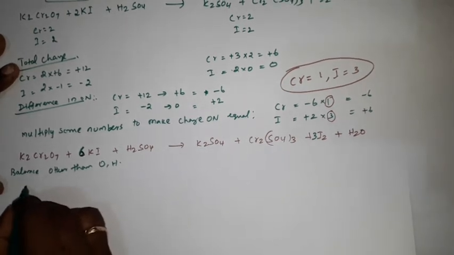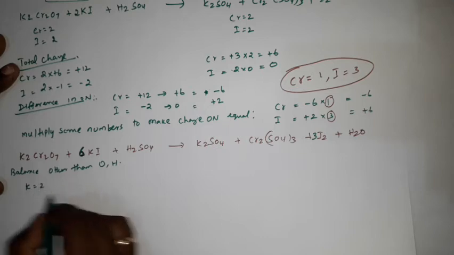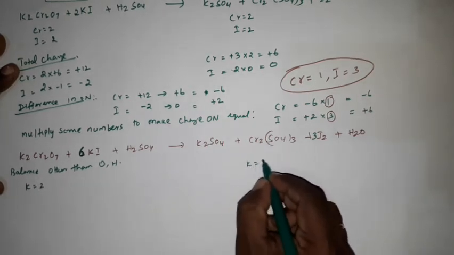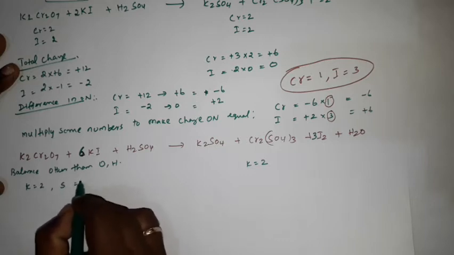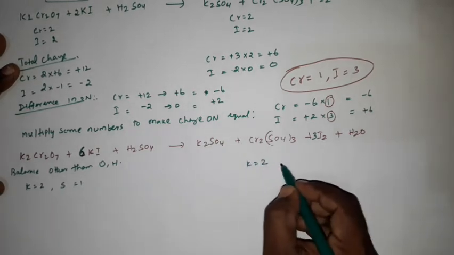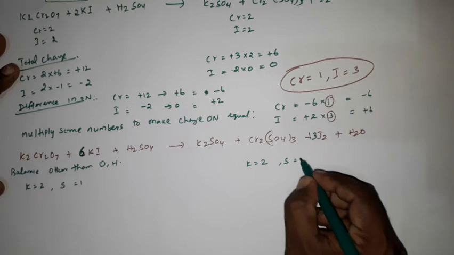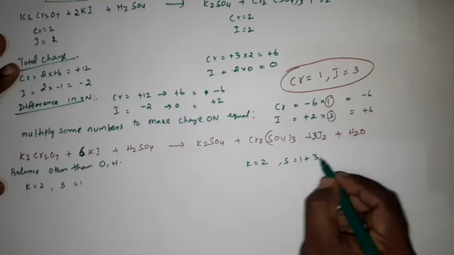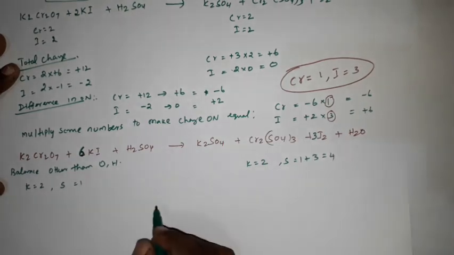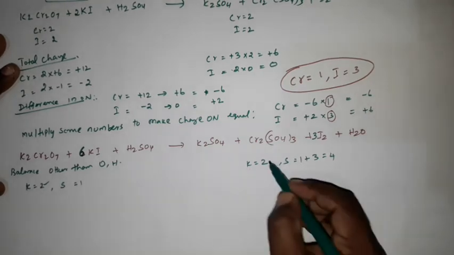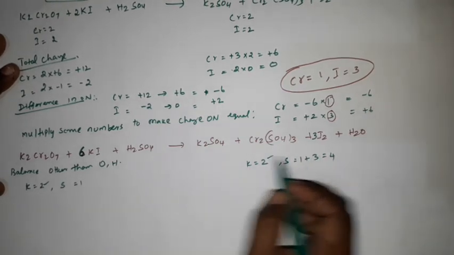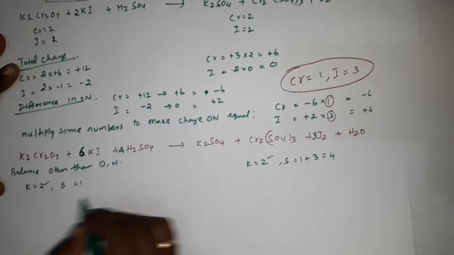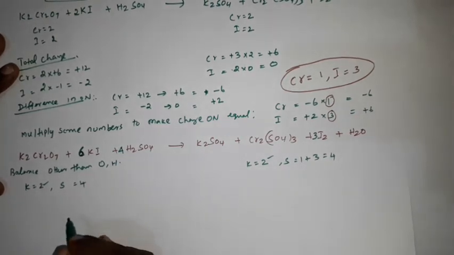So potassium equal to 2, then here potassium 2, and sulfur, that is only 1 here, then here sulfur 1 plus 3, so total 4 sulfur. Okay, so potassium is already balanced. So for sulfur, here 4 sulfur, so I am going to add 4 here. So now sulfur is also balanced.